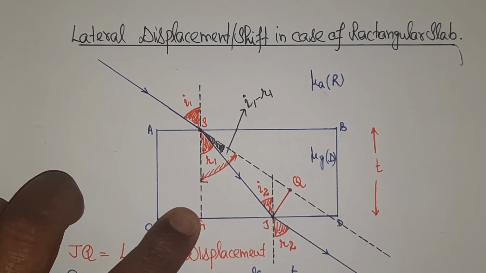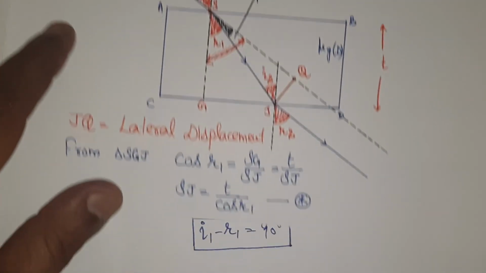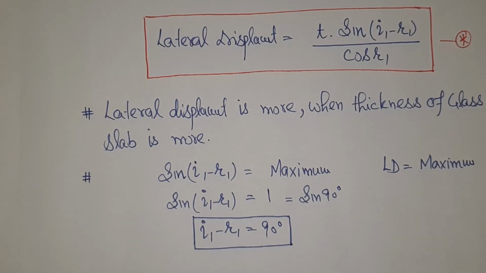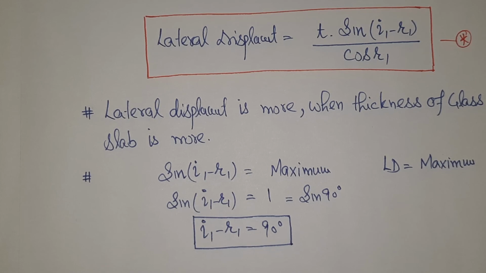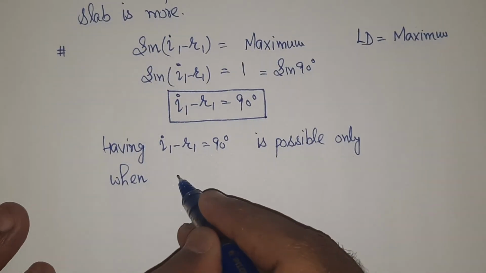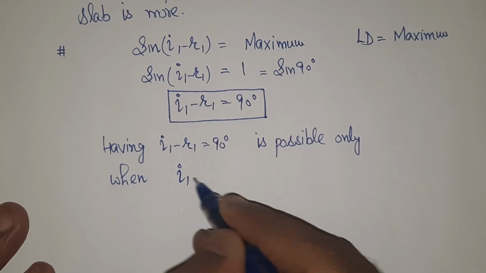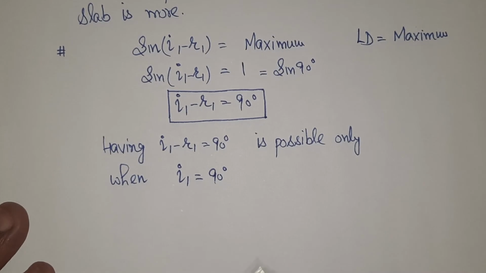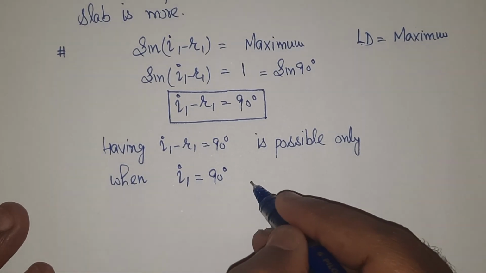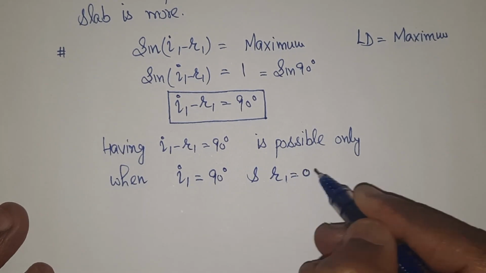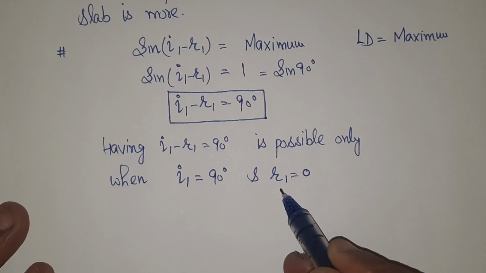So how is this particular thing possible? This is possible only when the angle of incidence on the first refraction is 90 degrees, meaning the incident ray is coming along the face of the glass slab, and R1 is equal to 0, meaning the refracted ray is coming along the normal.